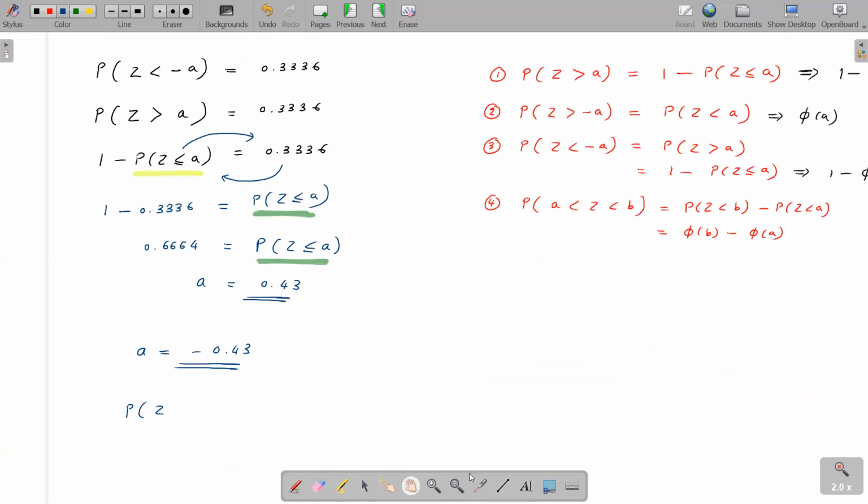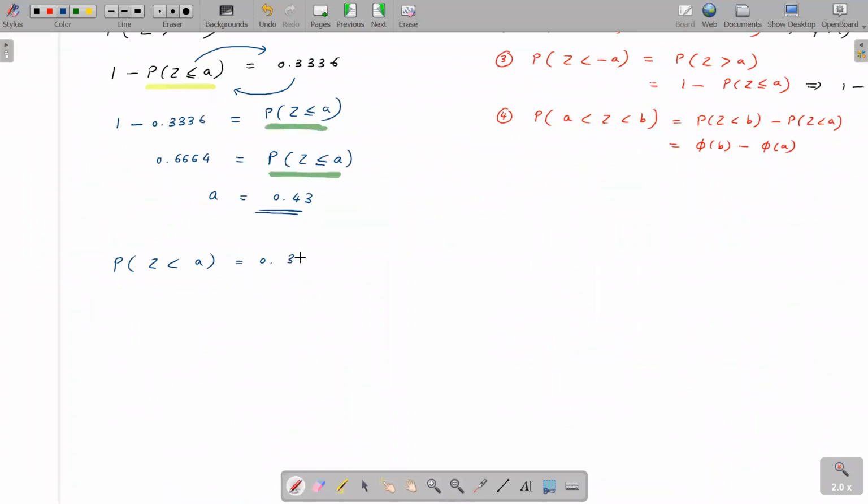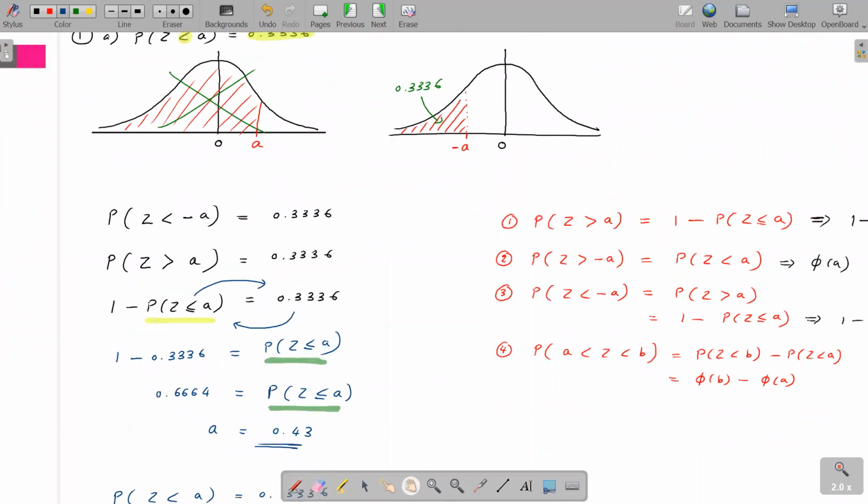So make sure your final answer shows A is negative 0.43, because you're finding the probability Z is less than A equal to 0.3336. For this, the A value should be minus 0.43. As you can see, we've modified the sum. They've given us one sum, but we've changed it to another sum.